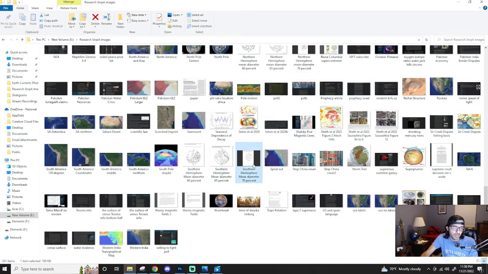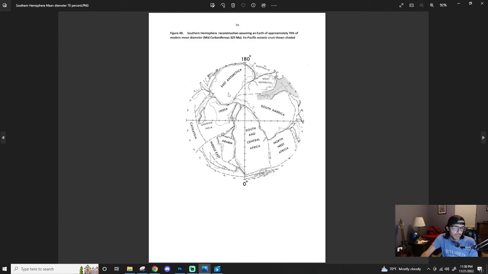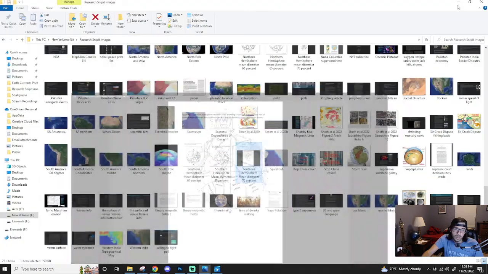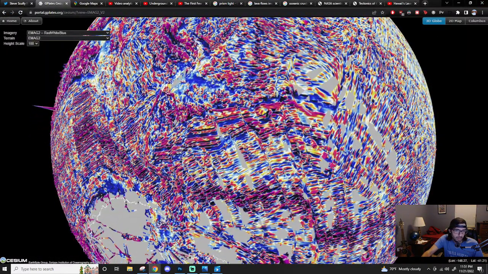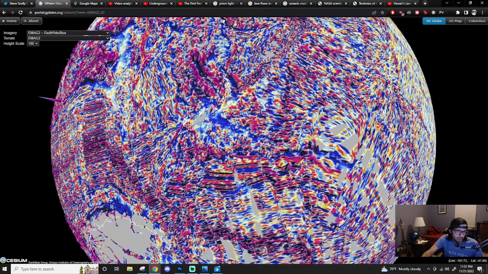Oh, this one. Widening between Australia and Antarctica, so it must be here widening. Which is the current coming from under Mexico. This current is coming from under Mexico, I guess, here.